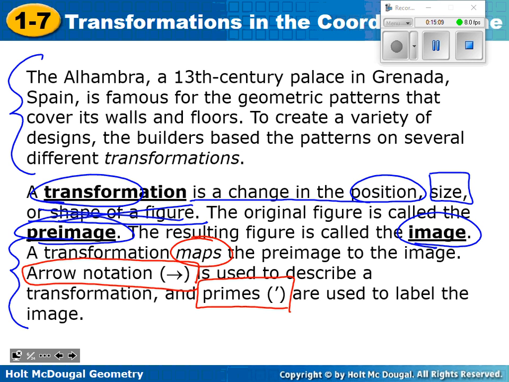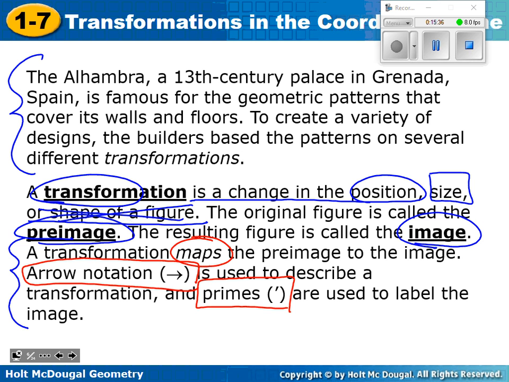But if it says, write the arrow notation, this is what it means. Triangle ABC, arrow, this means maps onto, triangle A prime, B prime, C prime. This is arrow notation. And on your homework, they're going to ask you to do that. Okay? Super important that you understand that that's arrow notation.